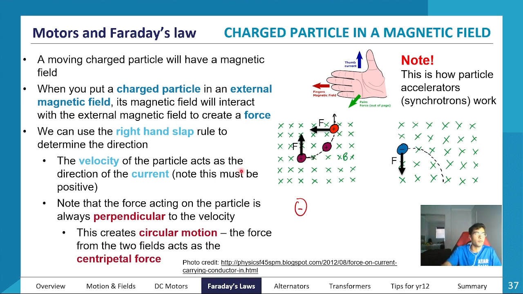In the previous example, the positive charge is traveling to the right-hand side, so we point our thumb to the right. But for the electron, let's assume that it is traveling to the right-hand side, we would flip our thumb to the opposite side, so the left. It's a bit weird, but it's something that you just have to accept.